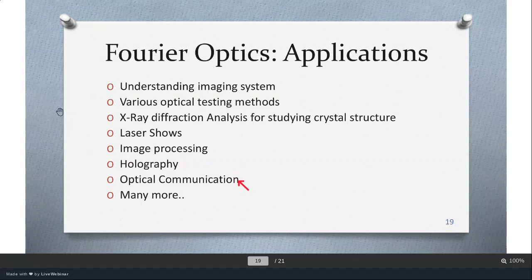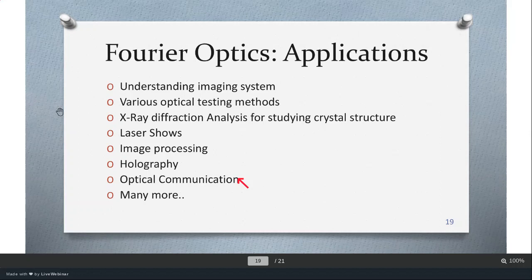Then the optical communication, right? In optical communication also, they have been using the Fourier optics when we transmit our video as well as audio from one part of the city to another part of the city, or maybe across the continent. Then it is going via optical fiber, right? It has been transformed from the electrical domain to the light domain, and the light is traveling along the way.